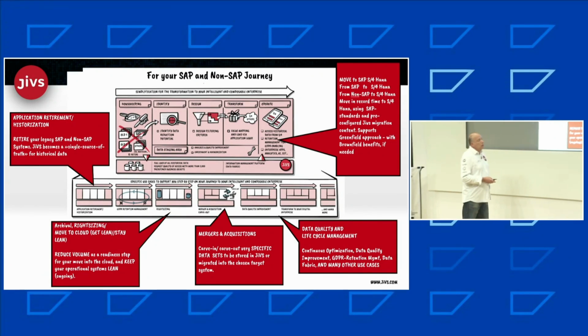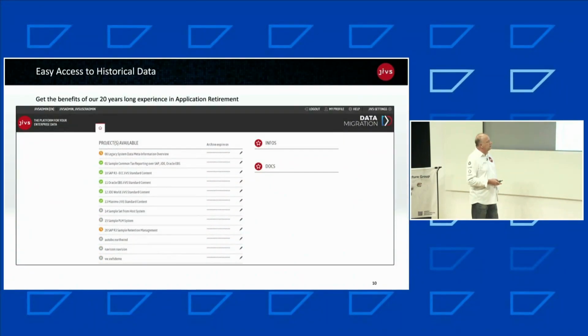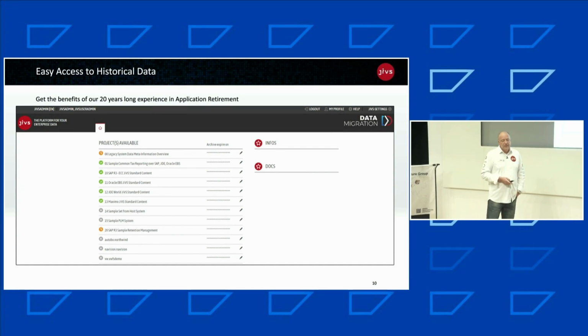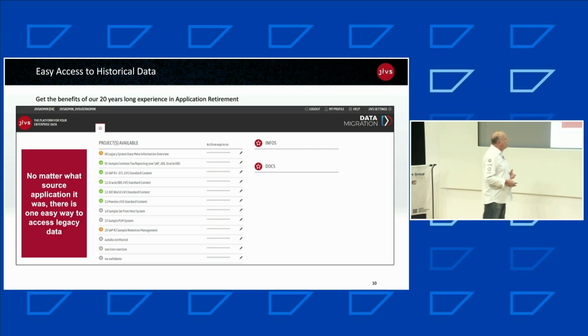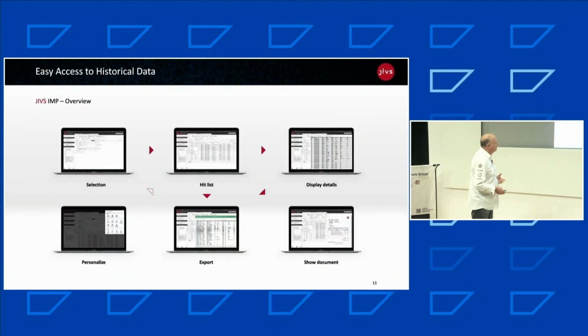And what I wanted to do today is not to talk to you too much about the tool and the details of the tool, even though I will be talking about the access to the historical data after you migrated, and just create some context and then talk about customer references and what they did and really, really specific examples when it comes to retiring systems. Again, any system that you can think of.